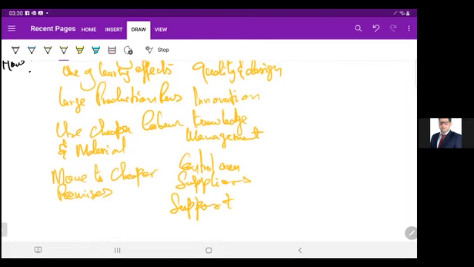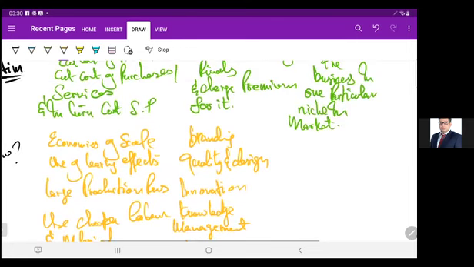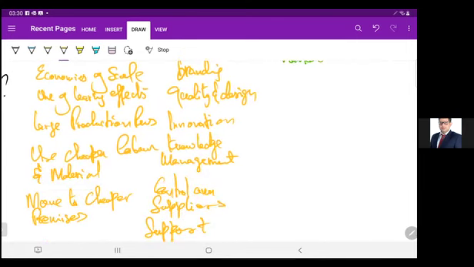Now, how can focus be achieved? Very simple.